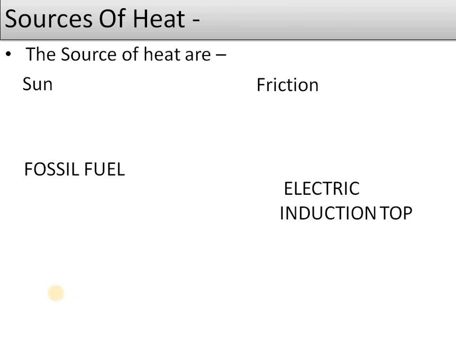Now, how does it generate heat? I told you earlier that energy can neither be created nor destroyed. So how does the sun produce an enormous amount of heat? It is produced by a nuclear reaction called nuclear fusion.